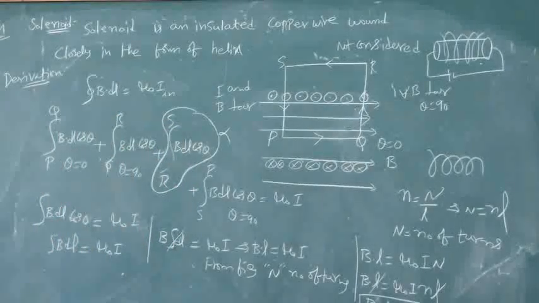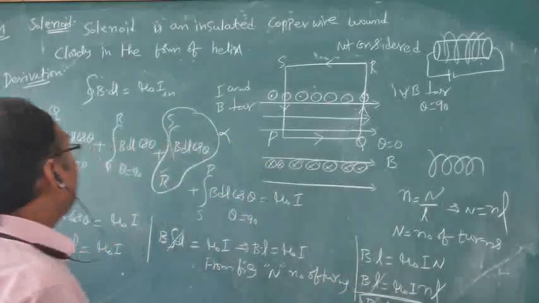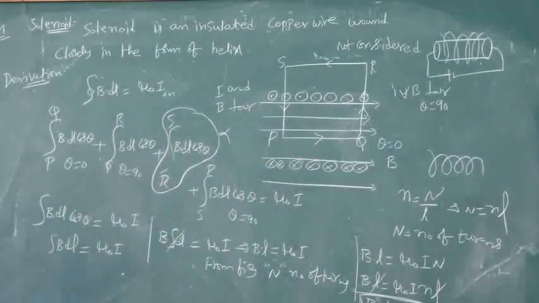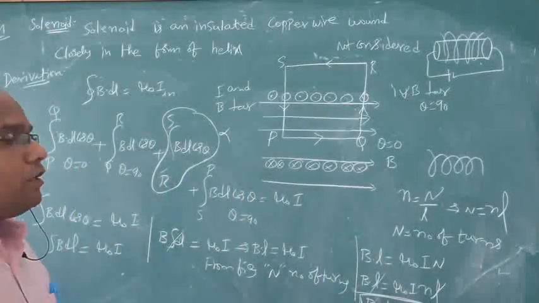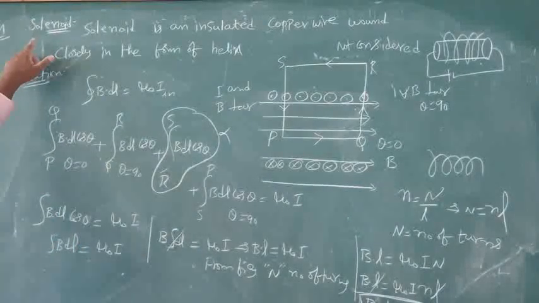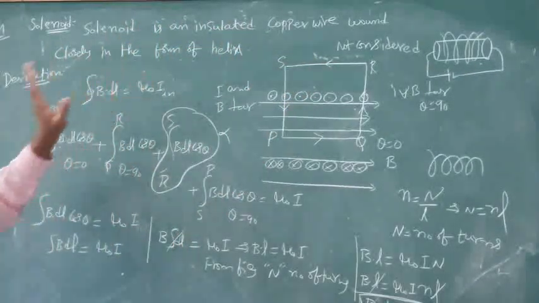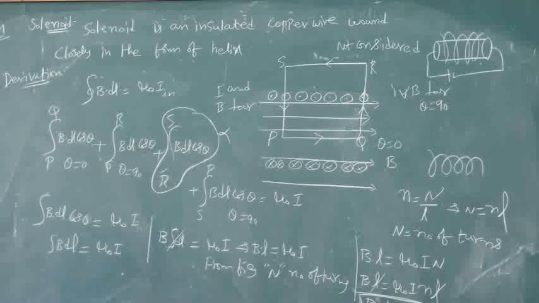This is the equation we have to remember for the competitive exams as well as for 3 marks. In the exam they will ask solenoid or toroid as a compulsory question. Solenoid means an insulated copper wire wound closely in the form of a helix.